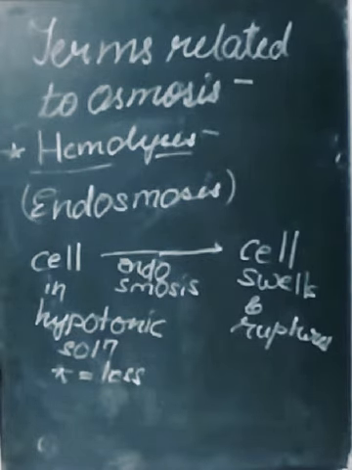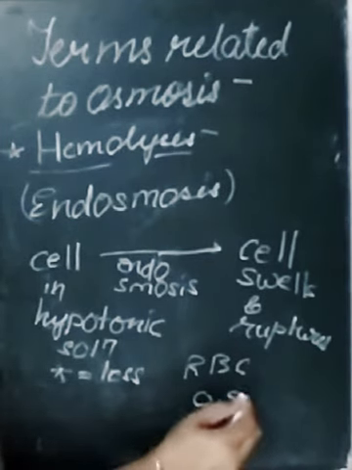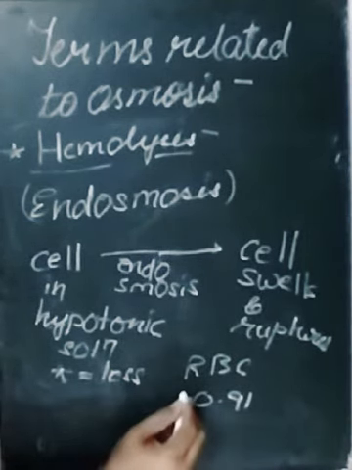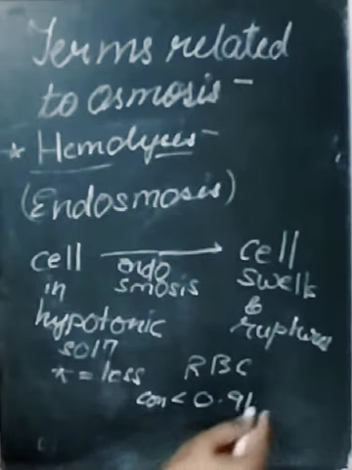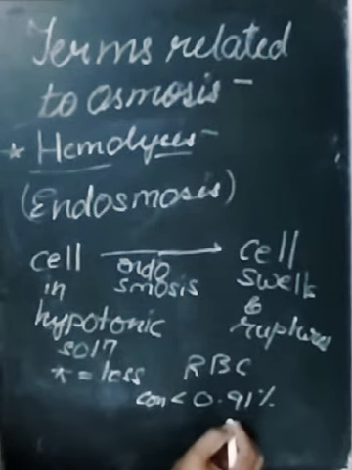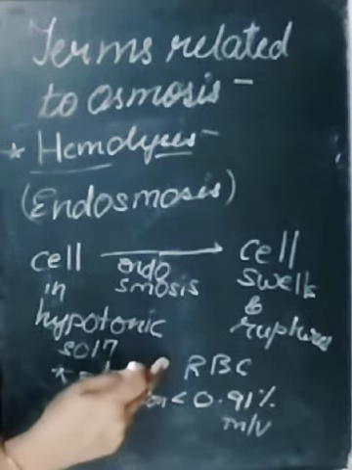So for example, RBC, red blood cells, if they are kept in a salt solution having concentration less than 0.91% mass by volume, we will find they swell and burst.